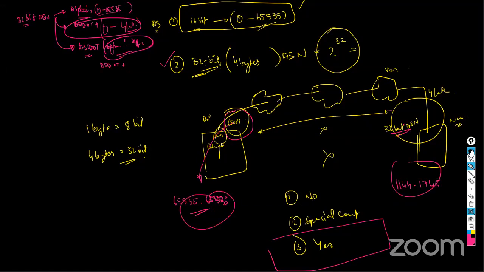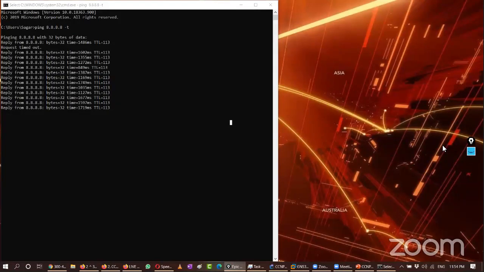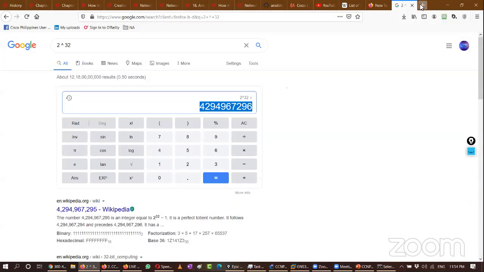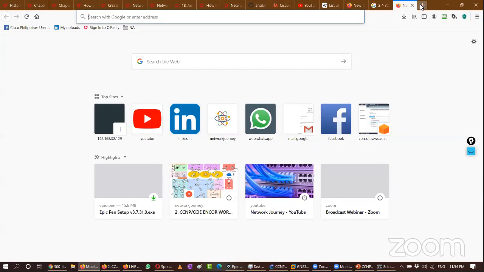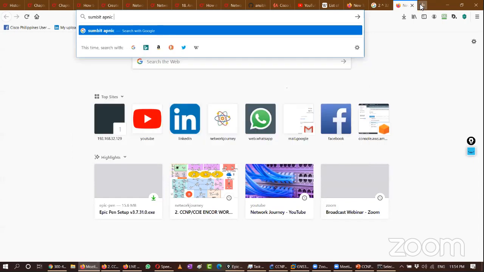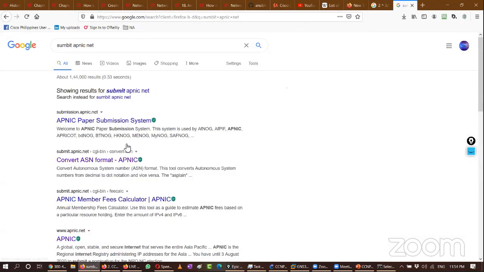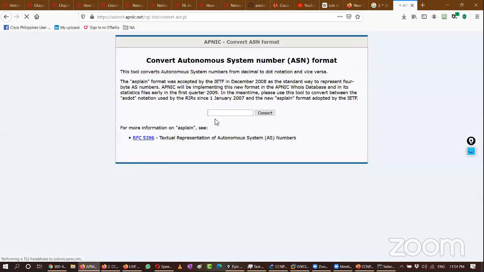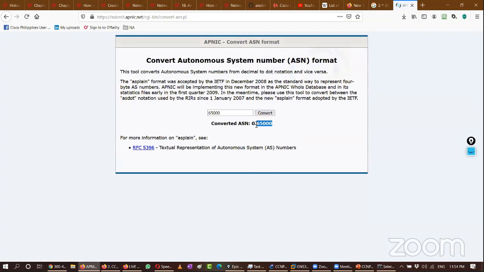And if you want to see a live example, you can make use of an online converter, where you can just convert the ASN format. So let's say I take 65,000 and convert it to the latest one, it is going to be converted into AS dot plus format.